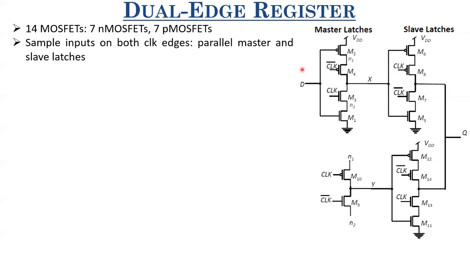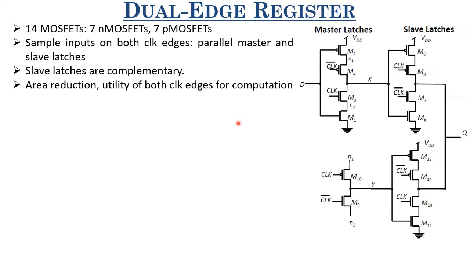So here you have 2 master and 2 slave latches, one active at each of the clock edges. These slave latches are complementary, so that when one is in the hold state, the other one is in the evaluation mode, sampling the input at Q. Right?